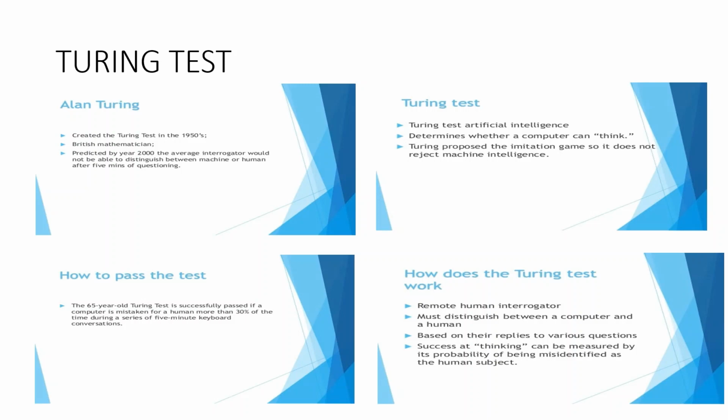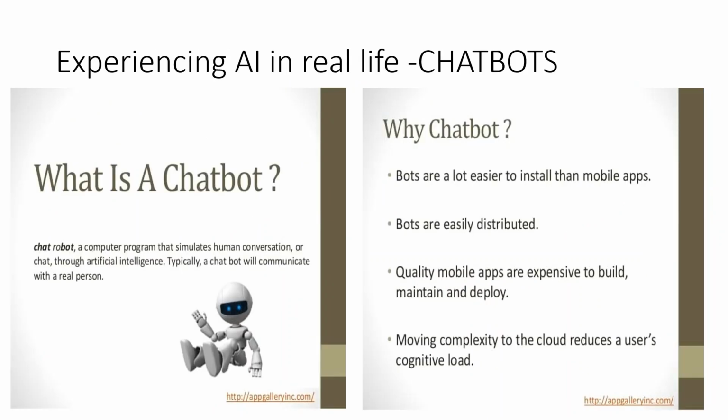When they give their replies, success at thinking can be measured by its probability of being misidentified as the human subject. And when they are identified or mistaken as a human subject, this is how a Turing test works. Now let us move to our next slide.